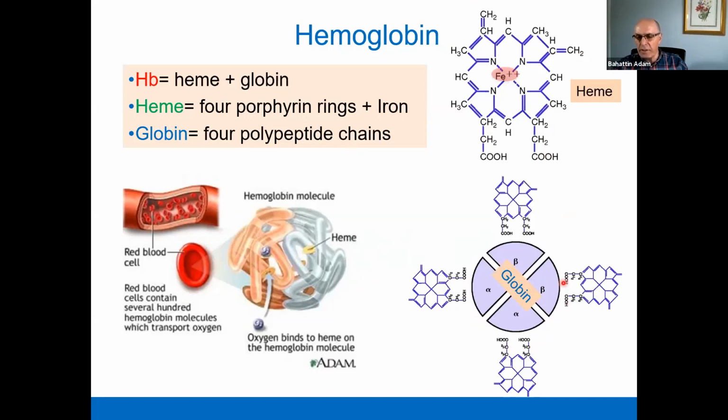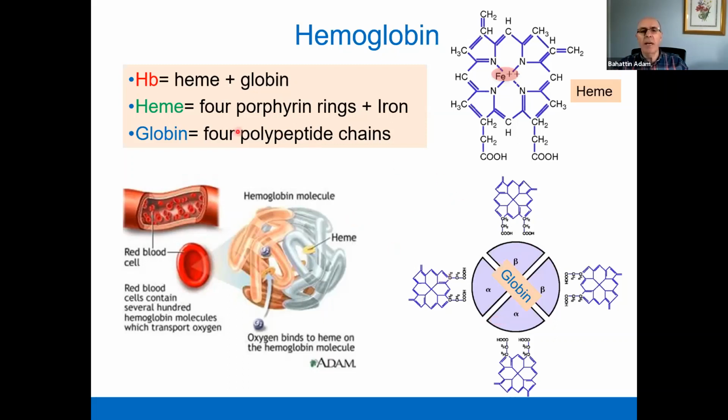As you see here is the ball-shaped protein, an amino acid chain. There are 4 peptide chains in the globin, 2 alpha chains and 2 beta chains in the adults.